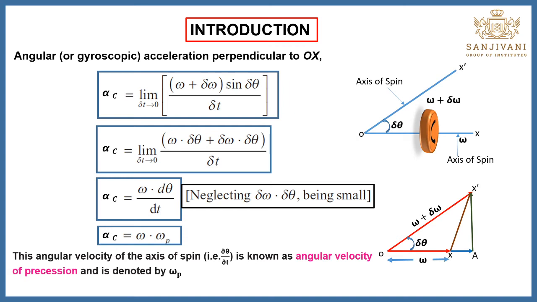To find the couple, which is equal to the torque, the gyroscopic torque or couple is equal to I into alpha, where I is the mass moment of inertia and alpha is omega into omega p. In this way, we have to calculate the total gyroscopic couple.